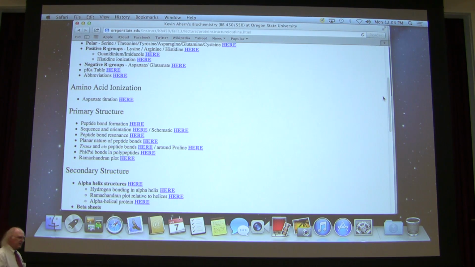And that is that to estimate the charge of a molecule, if the pH is 1 or more units above the pKa of the molecule, or of a given group, if we have a molecule that has more than one, if the pH is more than 1 unit above the pKa of the group, then the proton is off. And if the pH is 1 or more units below the pKa, then the proton is on. And that's good for estimating charge.